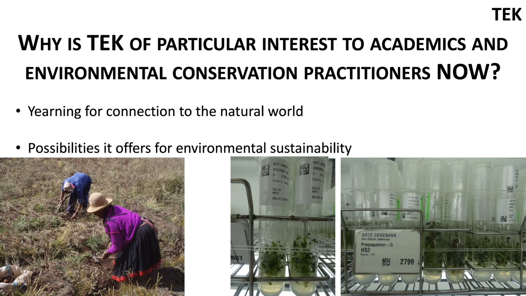Going back to the examples of oca that I've mentioned, there has been some very exciting progress in conserving oca diversity, as well as that of other Andean crops, resulting from collaborations between local communities and the International Potato Center in Lima, Peru.